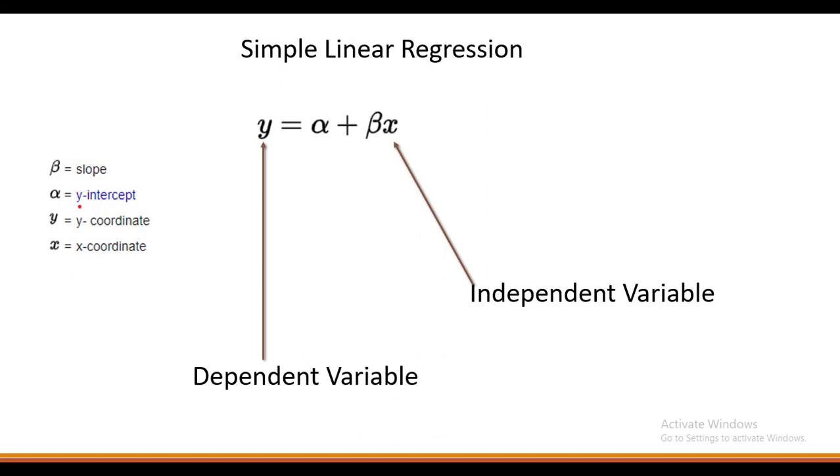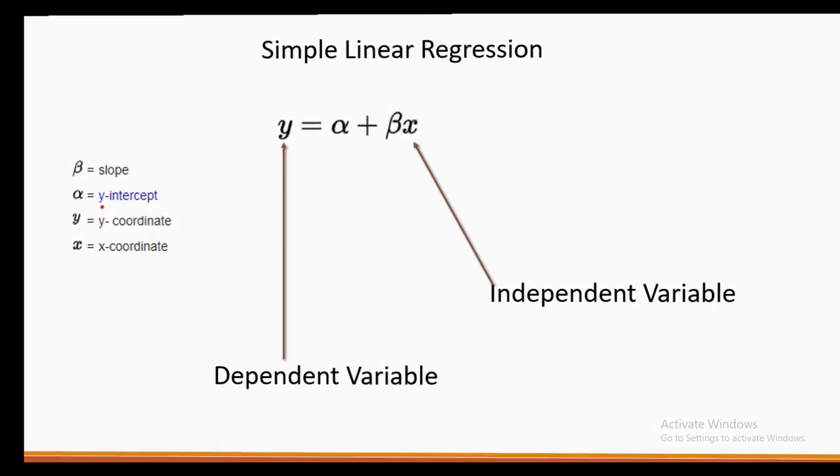So for a simple linear regression, your y is your dependent variable. You have one independent variable, which is your x-axis, and you have the beta, which is your slope. Then the alpha is your y-intercept. So this is just a simple linear regression formula.